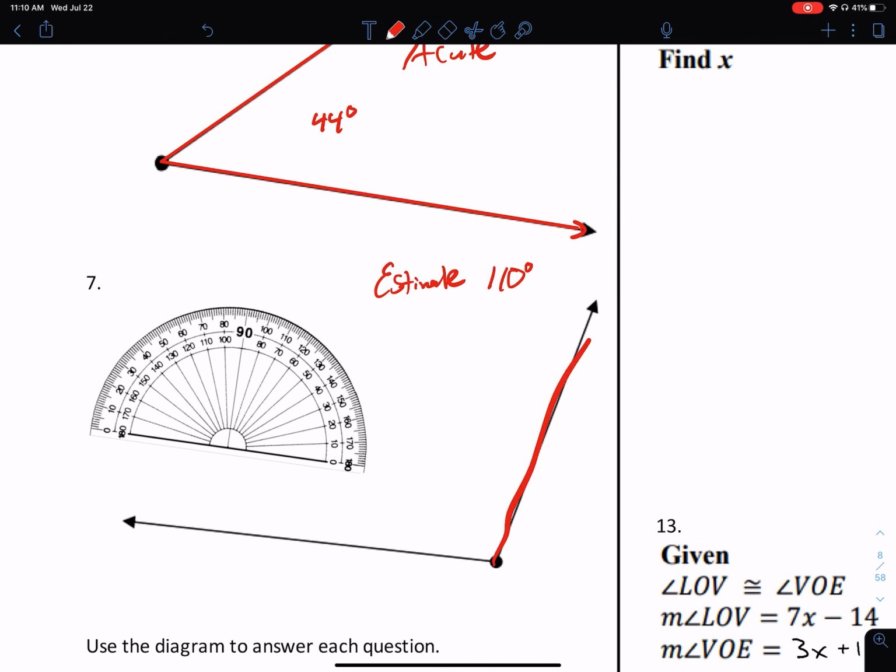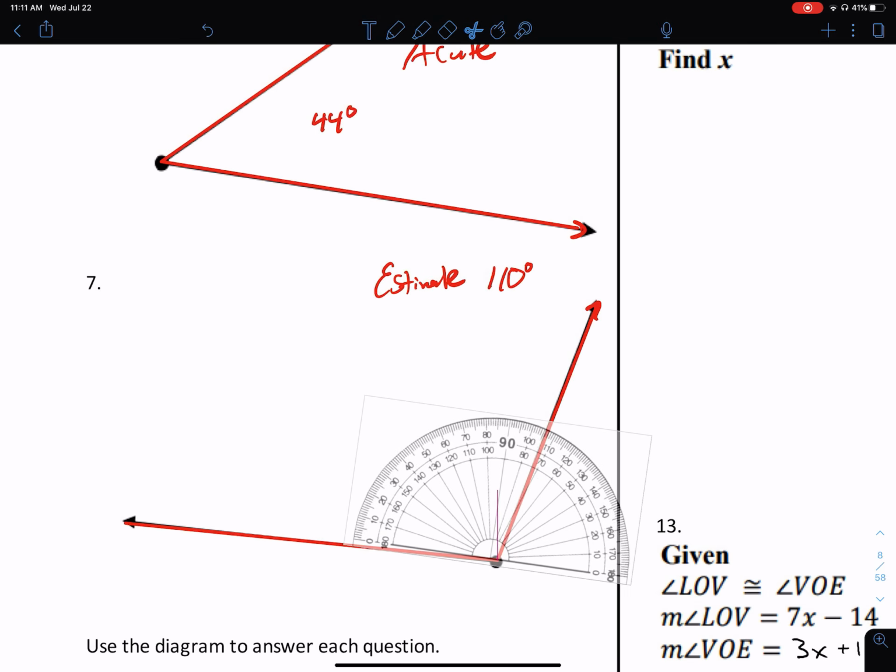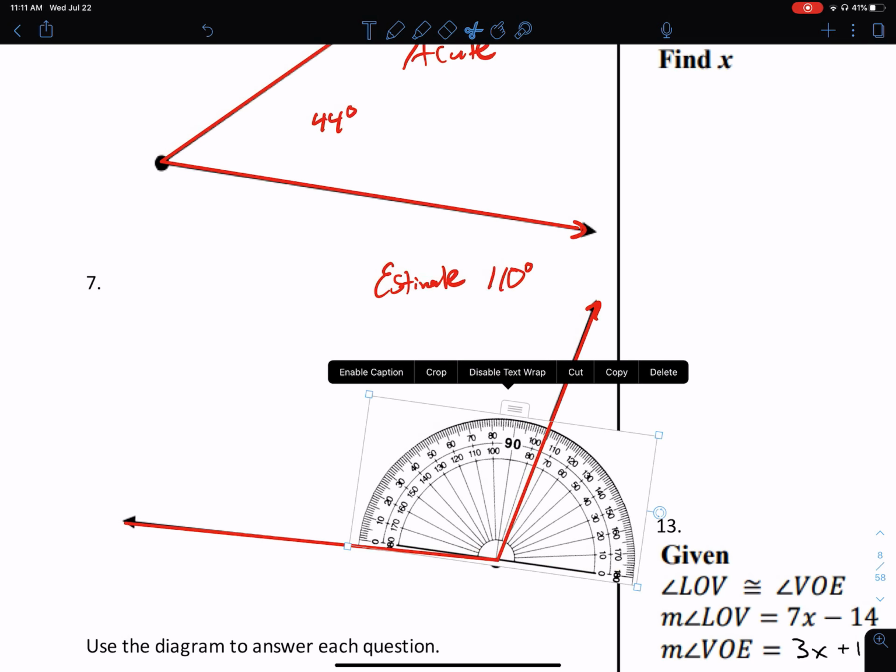I have to outline this first because if I don't, I won't be able to see my lines, because this protractor is not transparent. I missed this a little bit. If my line that I'm drawing here is off just a little bit, it's going to change this angle measure, possibly a lot. So I'm going to pull this over, and I want to rotate it.